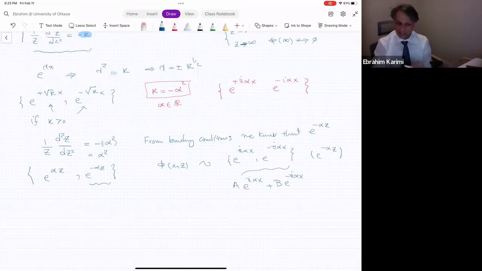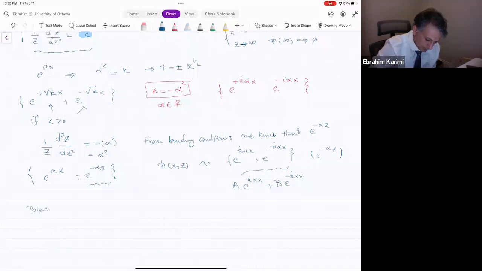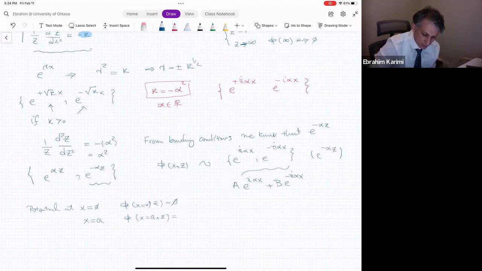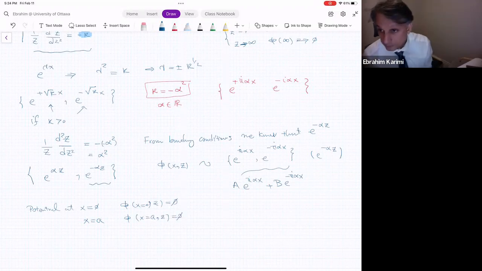What is the potential at x equal to 0? For any z value, that should be equal to 0. What about x at a? That should be also equal to 0.